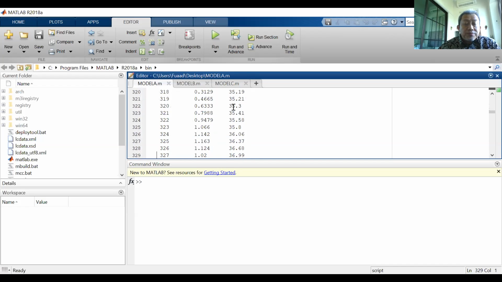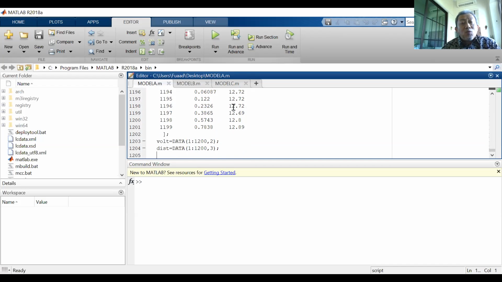200, 300, 400, 500, 600, 700, 800, 900, 1000, 1100.